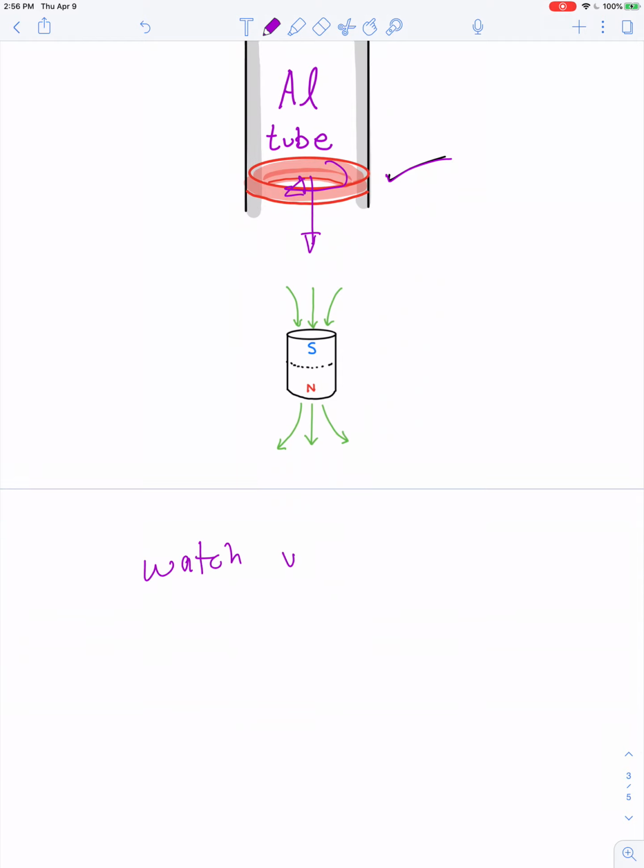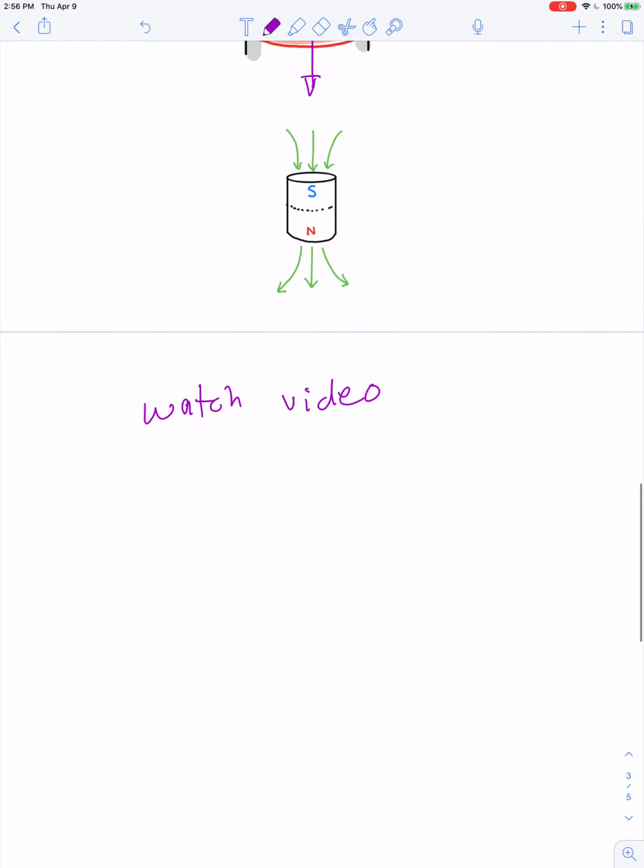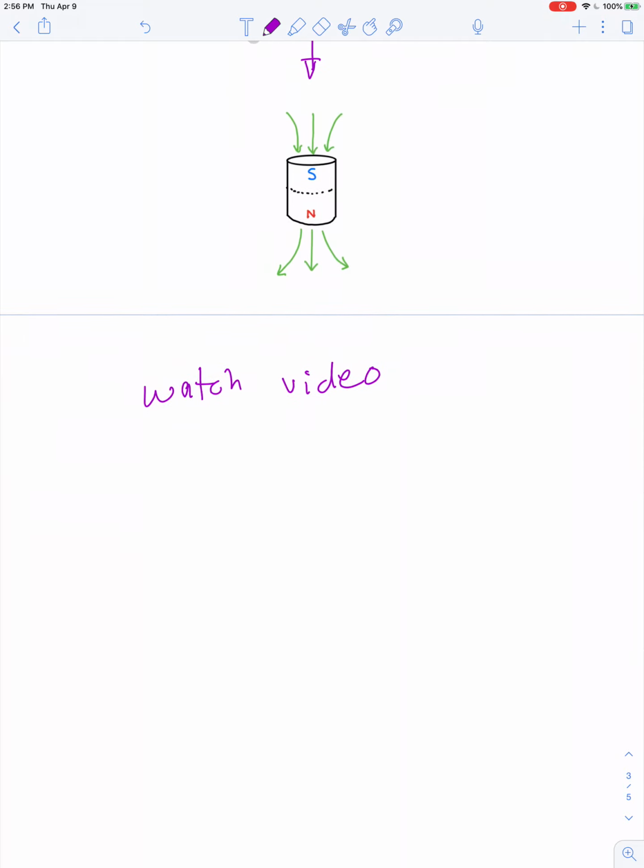Okay, so I want you to watch the video. I have a demonstration of this very sort of interaction between a tube and a magnet. I think maybe in my demonstration what I have is a copper tube instead of aluminum, and copper works just as well because it's also a type of material with a very low relative permeability. And I believe on my copper tube I have a cutaway.